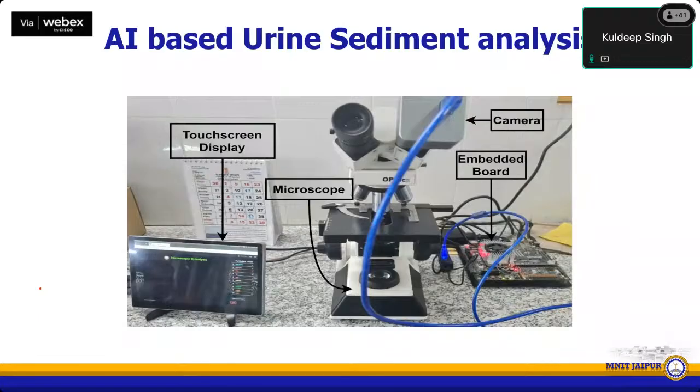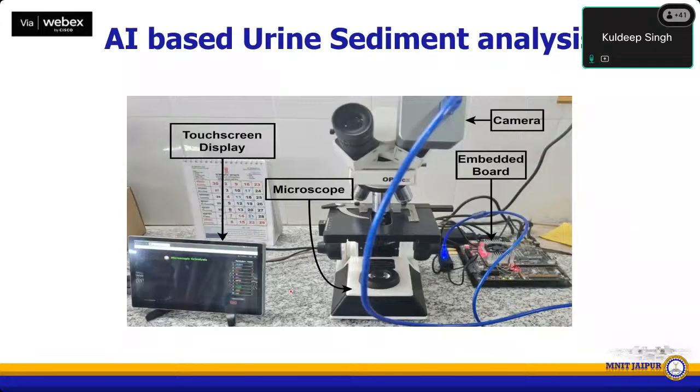We have automated this particular manual task, in which we have put a camera over the microscope. This camera is attached to a computing board, an embedded board, and can capture high resolution microscopic slide images.